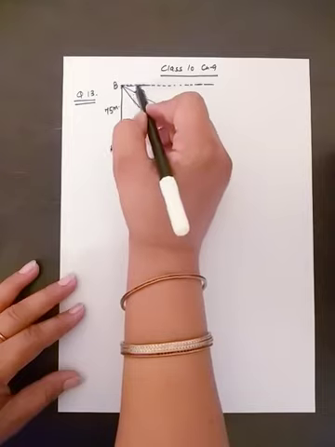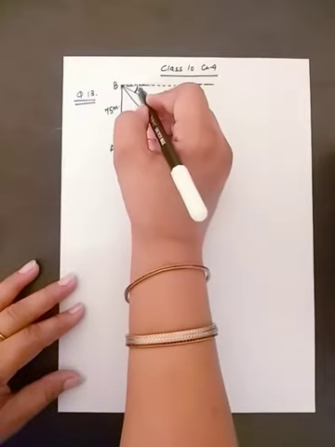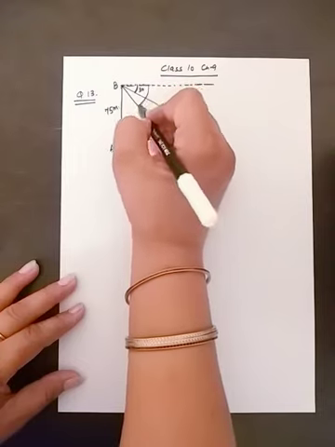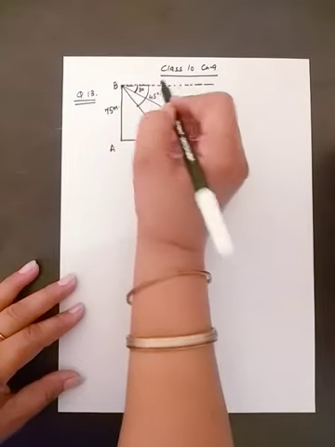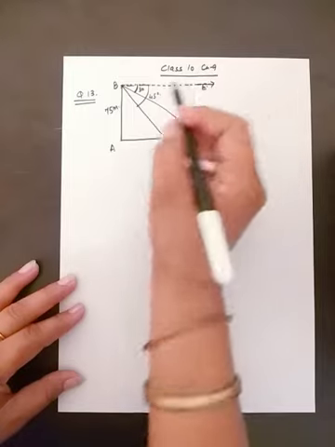So first angle, this angle will be of 30 degree and this one angle will be of 45 degree, and here you can name it as E.